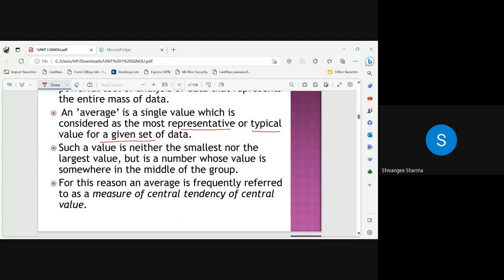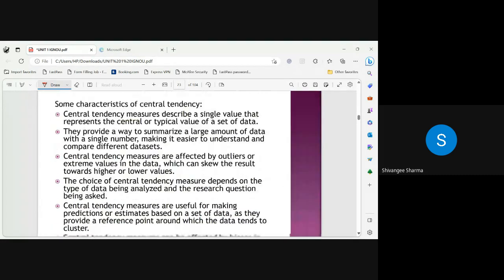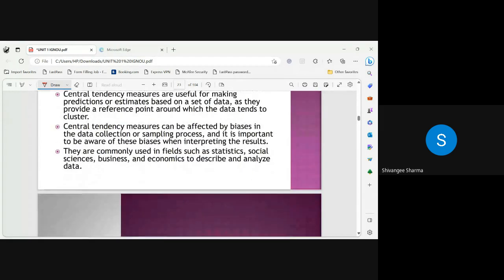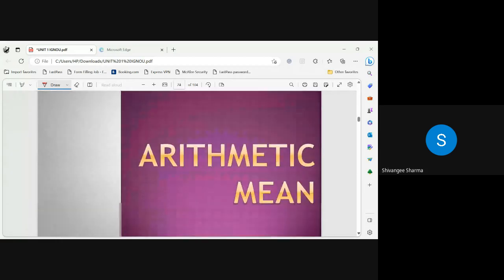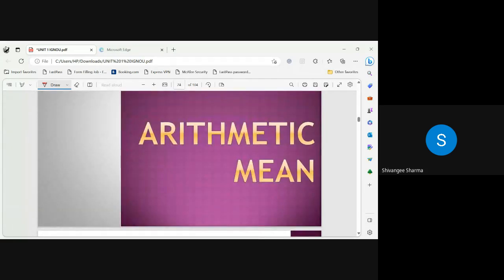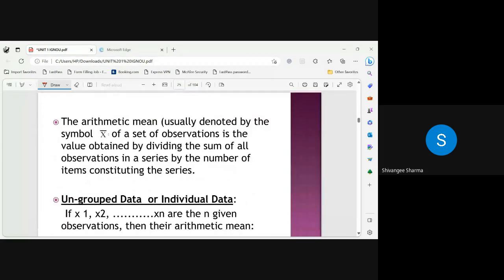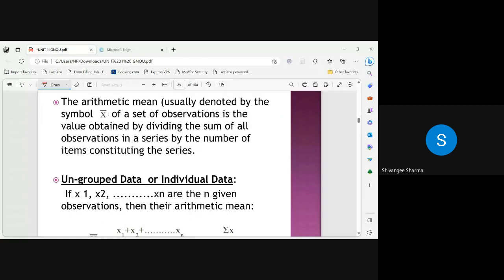So the very first thing, let's move on to the example, the very first tendency, which is arithmetic mean. And arithmetic mean is average. So arithmetic mean is usually denoted by the symbol X bar.